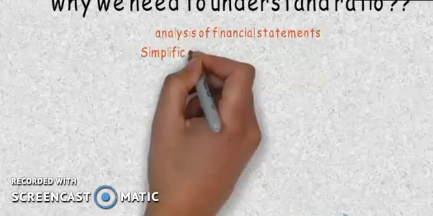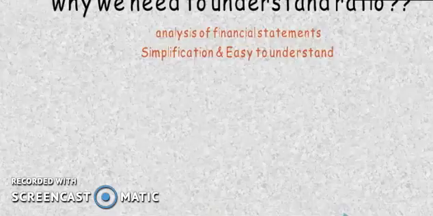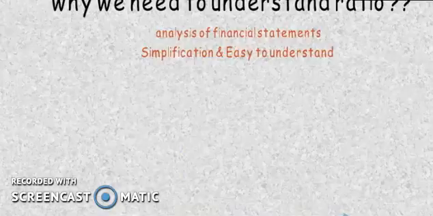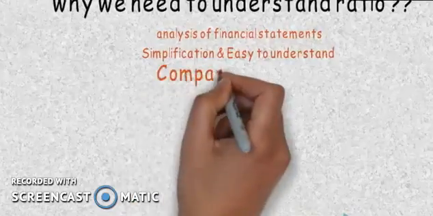The second is simplification and an easy to understand form. Accounting ratios express one variable in terms of another, so they summarize large accounting data into simple times or percentage form, which helps us in evaluating the cause and effect relationship.